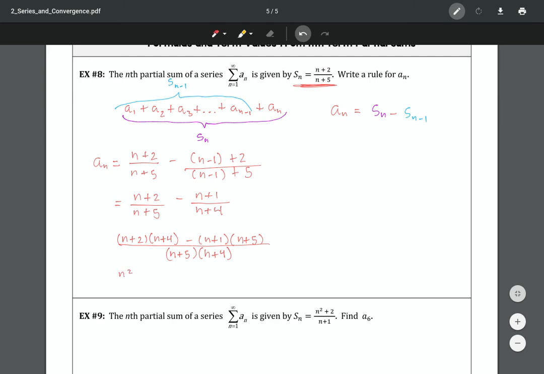So this is going to be n squared plus 6n plus 8. This one's going to be n squared minus 6n minus 5, all of that over my common denominator of n plus 5, n plus 4.